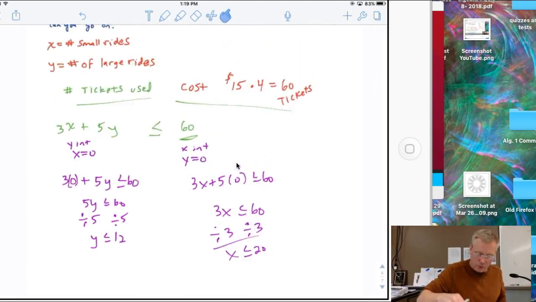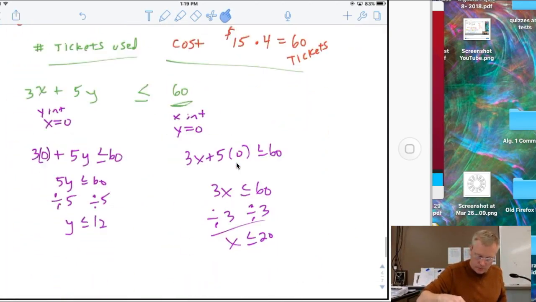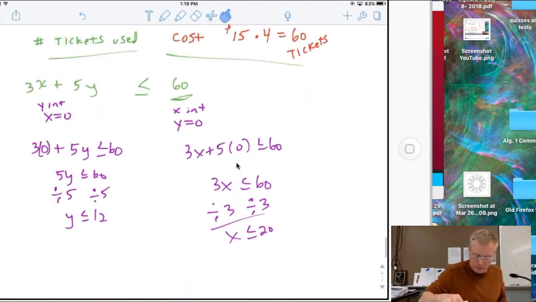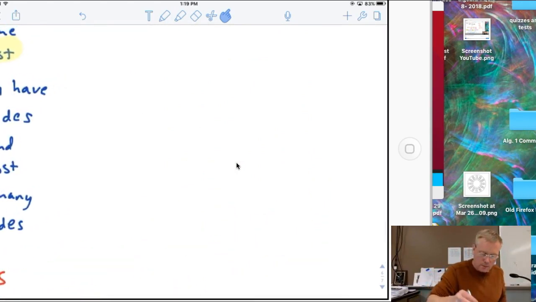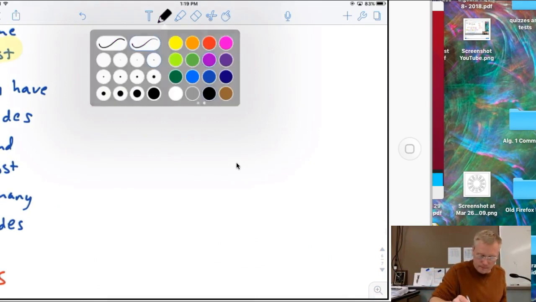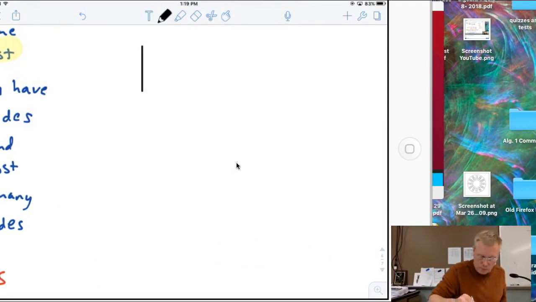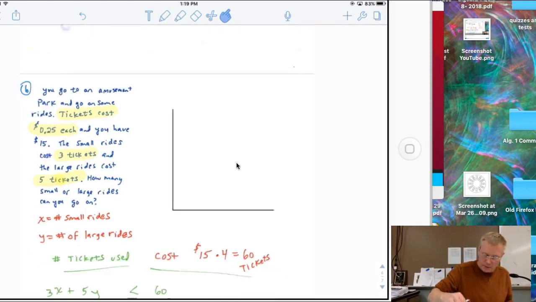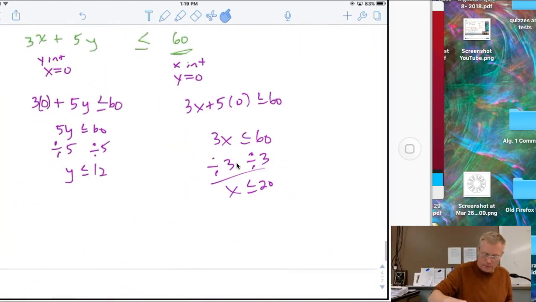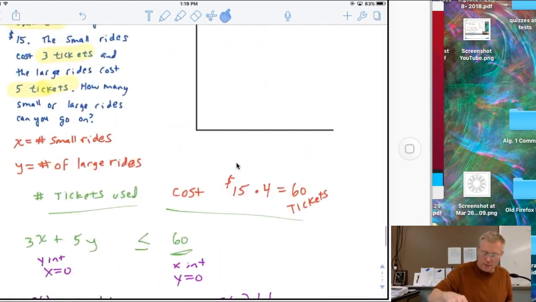All right, so let me make a quick graph over here, up top here. And I'm only going to do a 1 quadrant graph. There's no need for negative numbers. There's no negative numbers involved in this. Okay, so I got x-intercept of 20 and a y-intercept of 12.